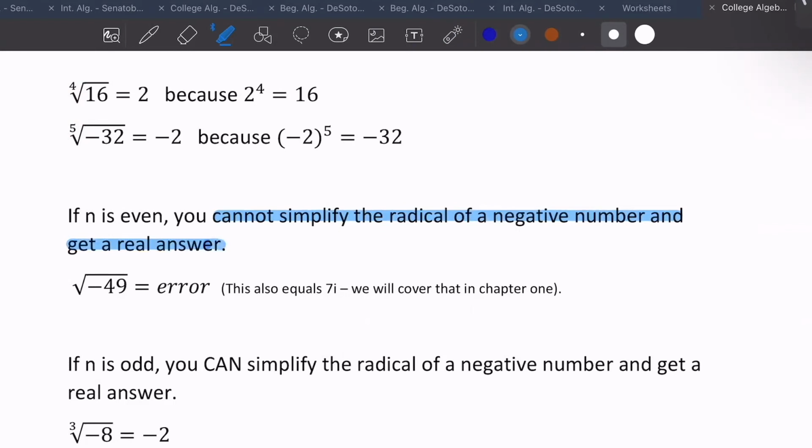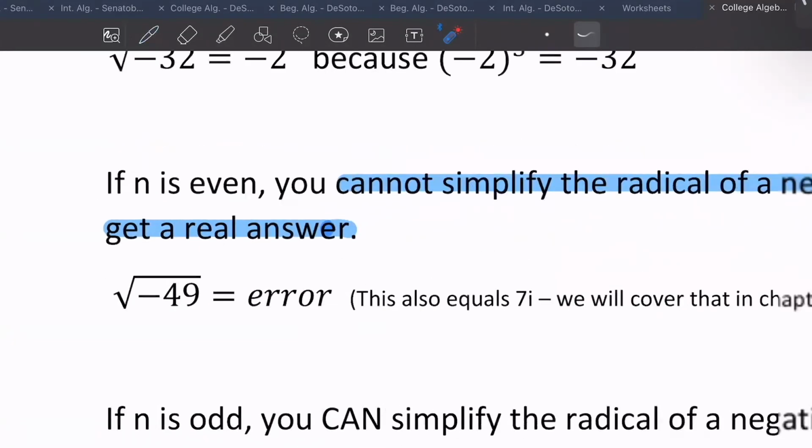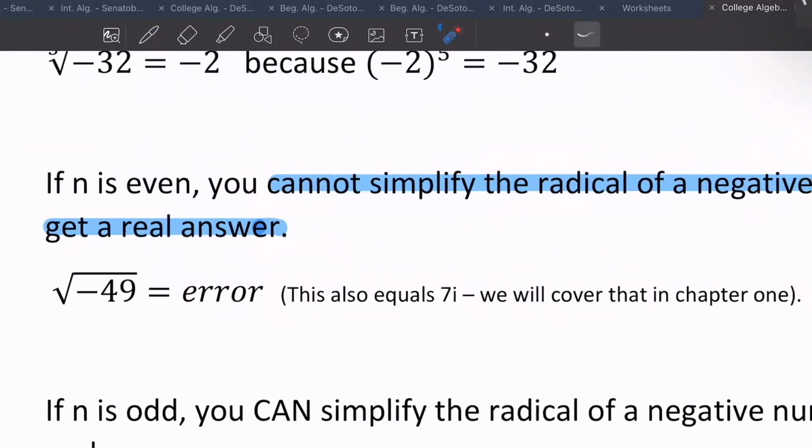So anytime that we take an even root, that means if we have 2, if we have 4, if we have 102, if this number is even, we get an error. In particular, on this problem, the square root of negative 49 is going to give an error.